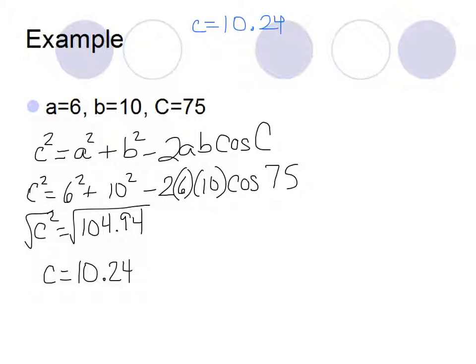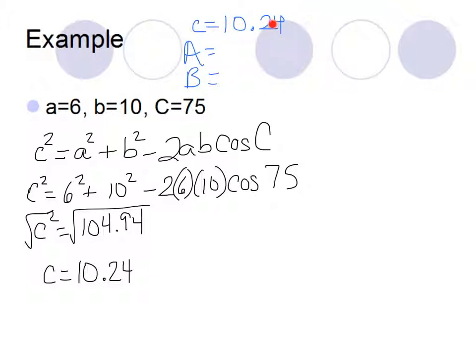What I'm looking for still, I guess, is angle A and angle B. Now, if I look at my angles, well, really what I'm looking at is my three sides. Now that I have three sides, remember that the largest angle is across from the longest side. So when I look at my three sides, I got a 6, I've got a 10, and I've got a 10.24. So the longest side is this little c right here.